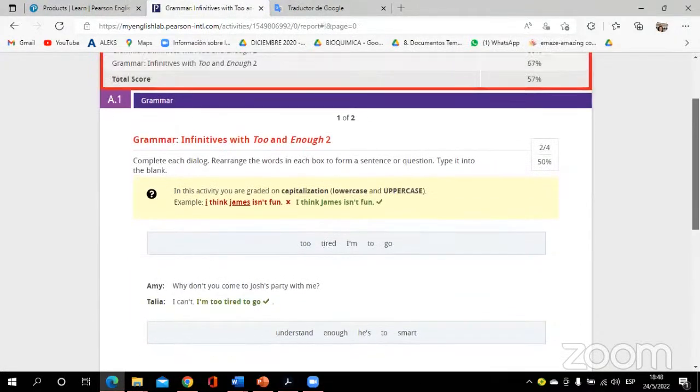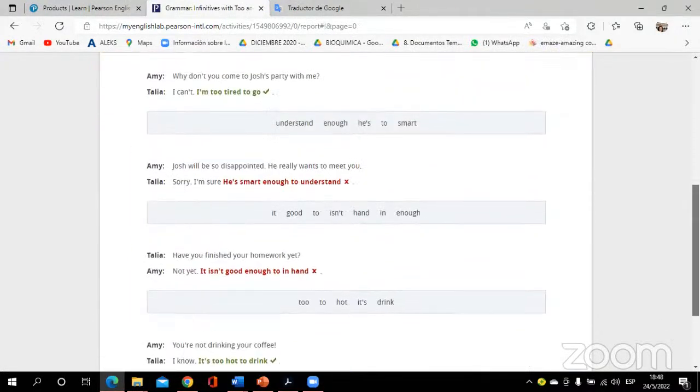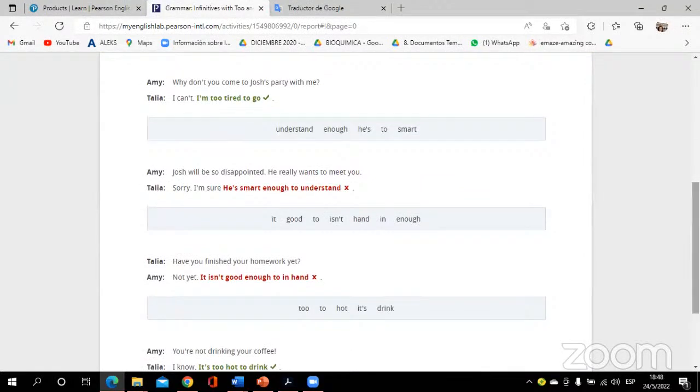Ok. Let's see. Veamos, a ver. ¿Dónde hemos tenido? Acá. En el he's smart. He's smart enough. Recordamos que está bien el orden. Smart enough to understand. Pero cuando hablamos en la plataforma, Christine, eso sí, para recalcar ahora, como creo que no te lo había dicho antes, pero la plataforma siempre nos va a molestar por las mayúsculas o a veces las minúsculas.